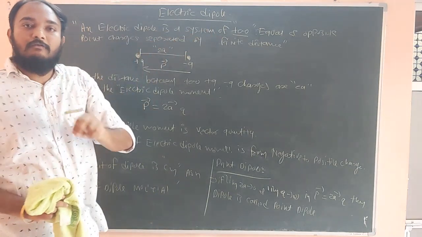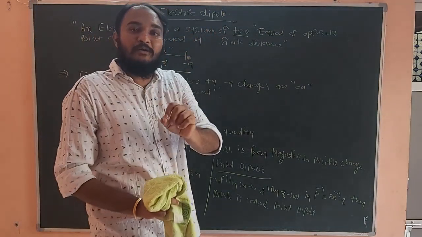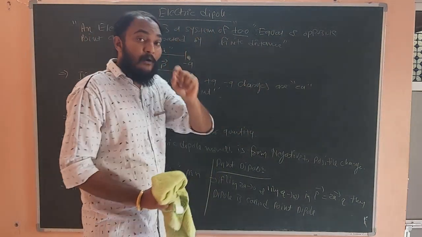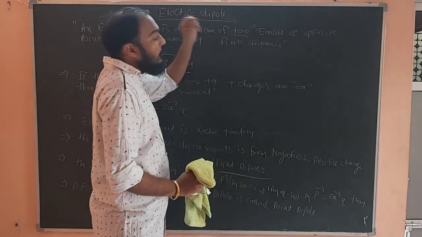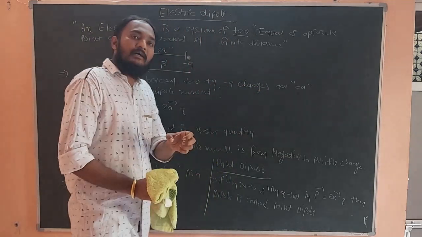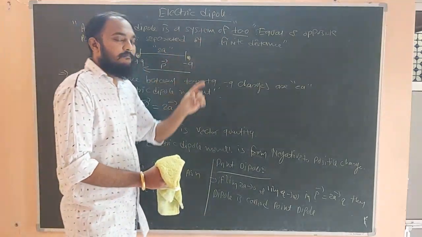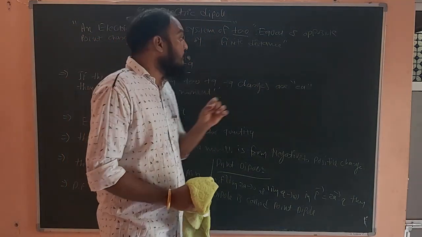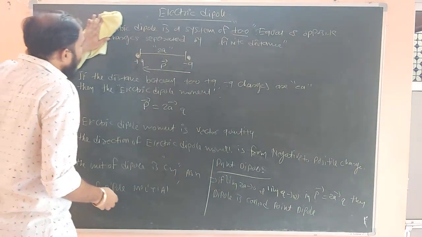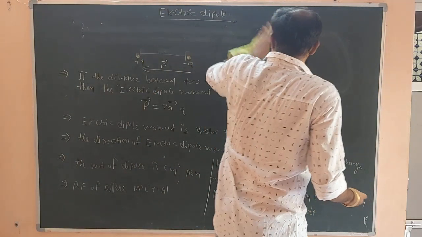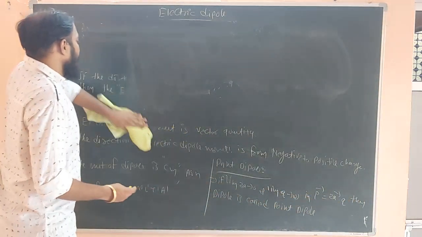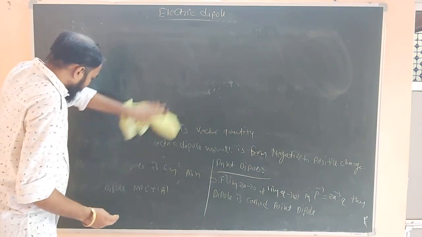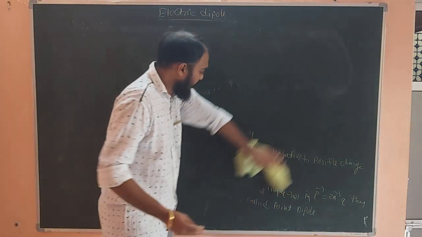There are two equations: the electric field at a point on the axis of a dipole and at a point on the equator of a dipole. Now what are the axis and equator of a dipole? First we have to know what the axis and equator points of a dipole are.